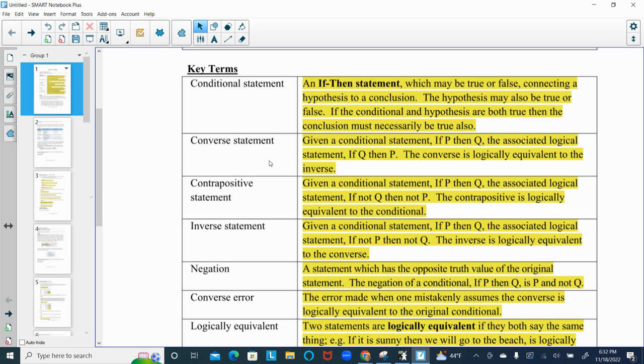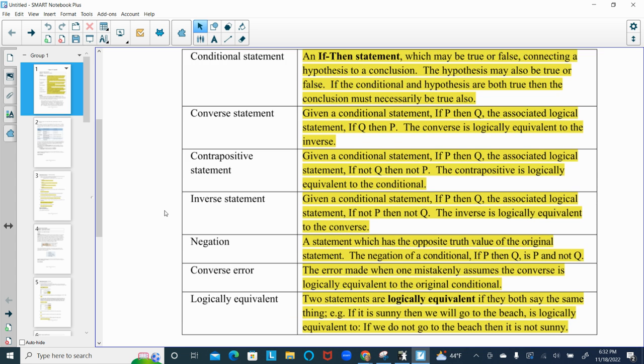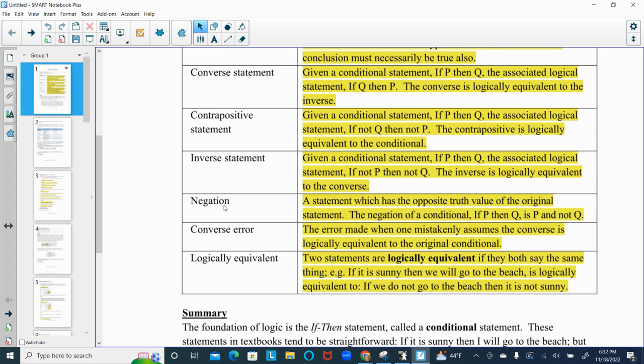Now, the converse and the inverse and the contrapositive are different variations on the conditional statement. Okay. Now, one thing I want to explain before I discuss those is the idea of negation. The negation is a statement which has the opposite truth value of the original statement.